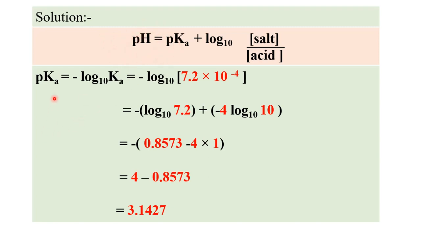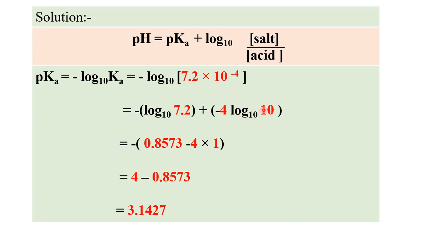First we have to calculate pKa, and pKa is equal to minus log to the base 10 of Ka. So we substitute the value of Ka in this equation: minus log to the base 10 of 7.2 into 10 raised to minus 4, that is equal to minus log to the base 10 of 7.2 plus minus 4 log to the base 10 of 10.